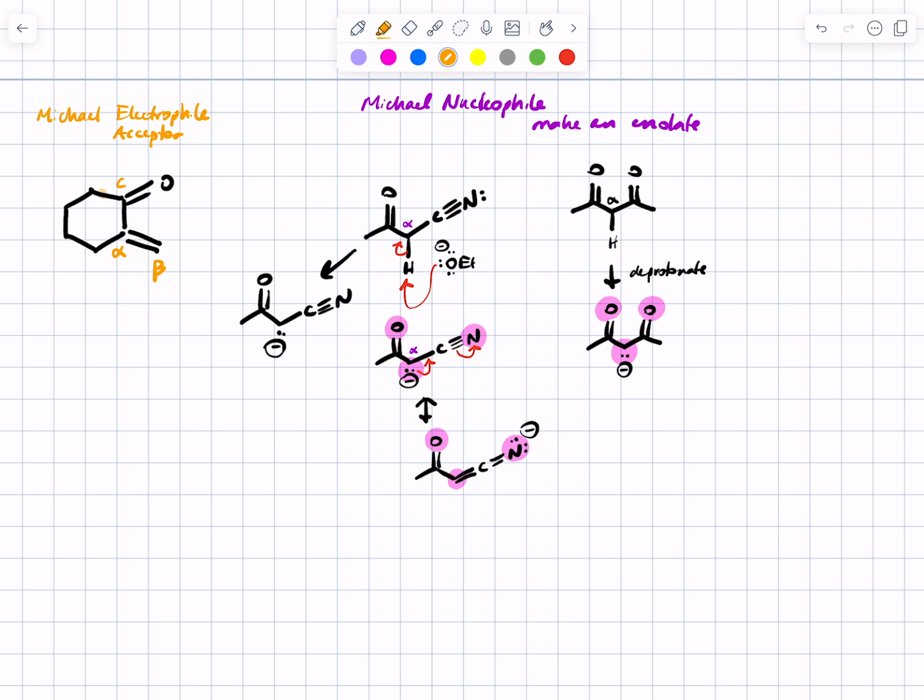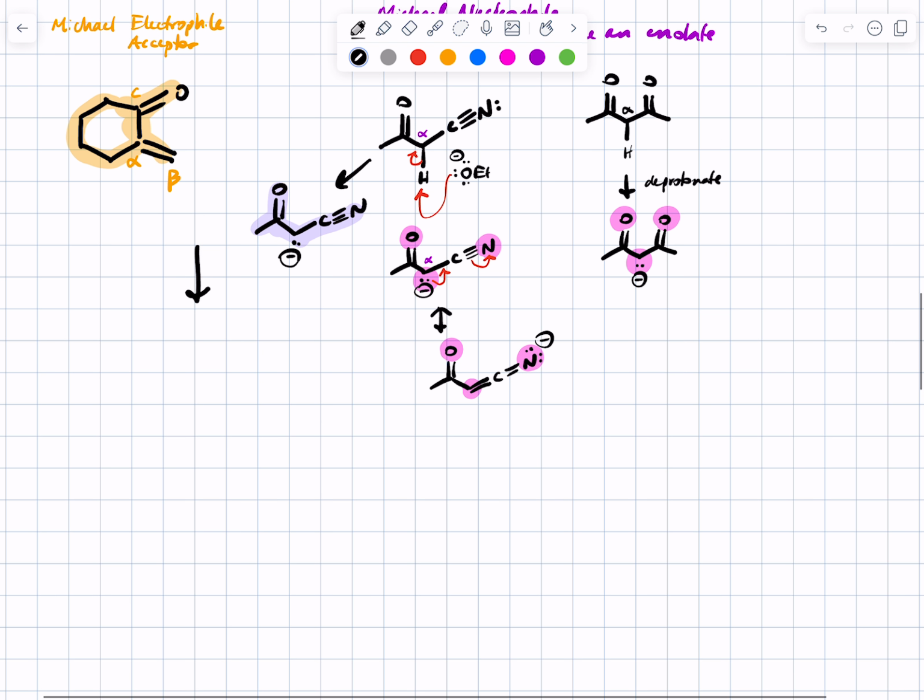We'll shade the alpha beta unsaturated carbonyl compound in orange. We'll shade the nucleophile in purple. So just predicting the Michael product, I encourage you to go through the mechanism on your own. We won't do that now because you've already seen it. But to draw the Michael product, I need to draw the alpha carbon and the beta carbon, and then I need a new bond between the beta carbon of my electrophile and the purple alpha carbon of my nucleophile.